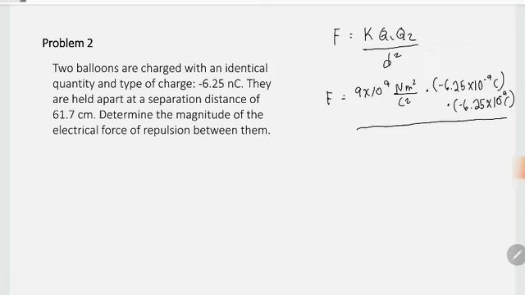So I will move the decimal place two places to the left because there are 100 centimeters in 1 meter. Okay, don't forget the square.